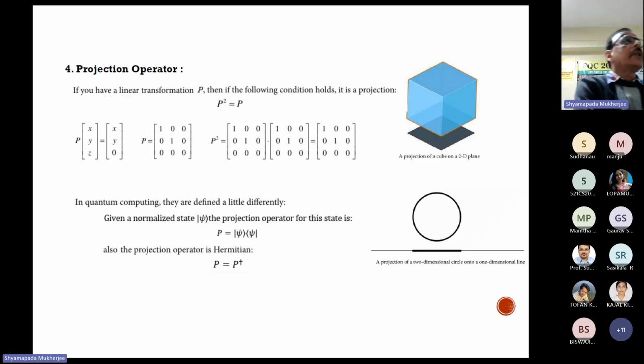Then I have a projection operator. In the measurement in quantum computation, I told you that for measurement we require an operator or a matrix, and that type of operator or matrix is called a projection operator. And what is a projection operator? You see a cube is there.